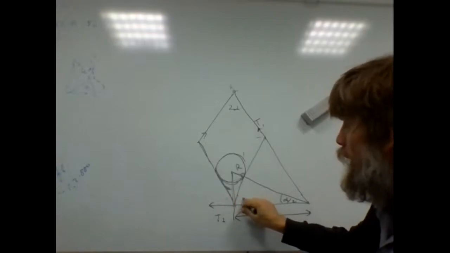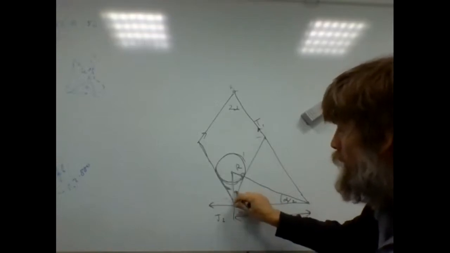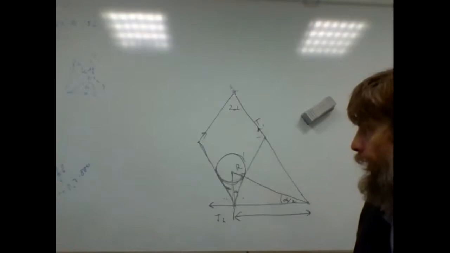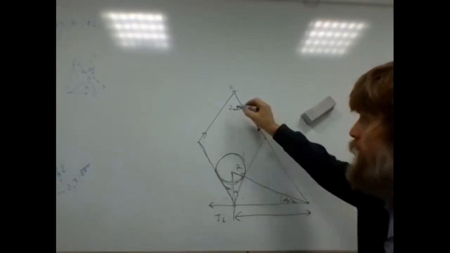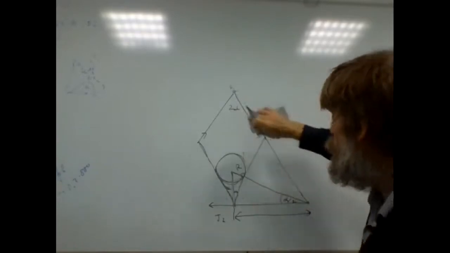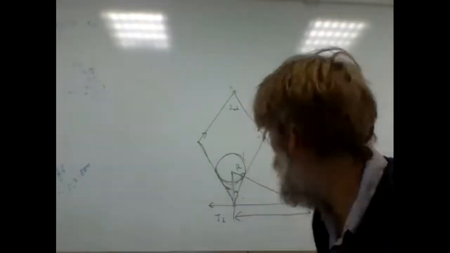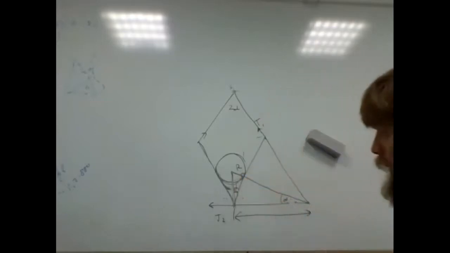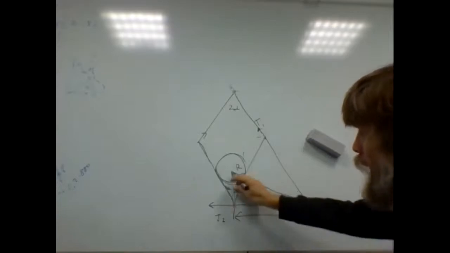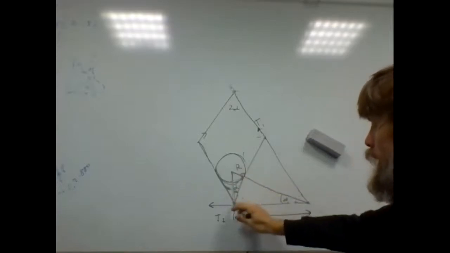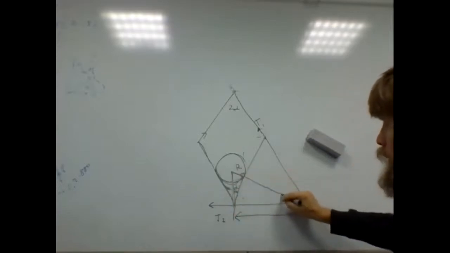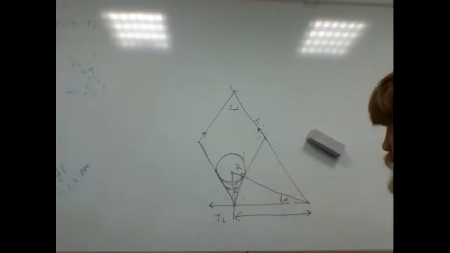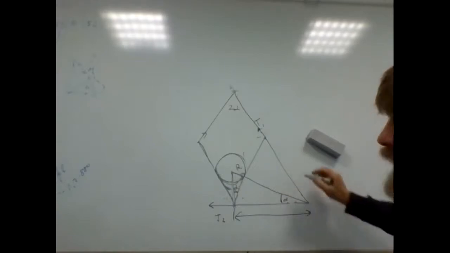Sorry, of course, because it's 2 alpha, my mistake, it is alpha. So this is also alpha, because this is obviously alpha. Then we have here a right triangle and a similar right triangle, and so this must also be alpha.